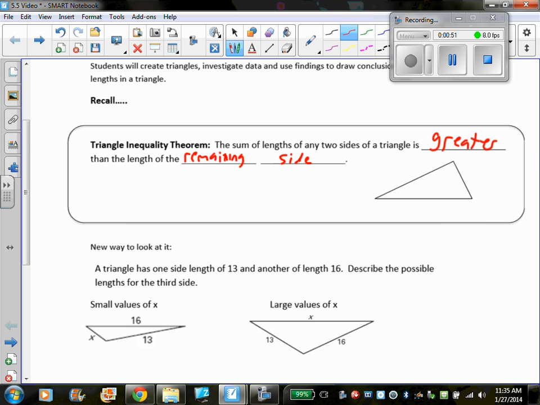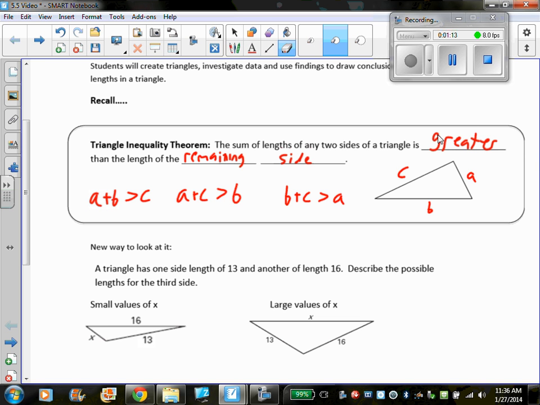So if we call this side here A, this side B, and this side C, that means that A plus B has to be greater than C, A plus C has to be greater than B, and B plus C has to be greater than A.